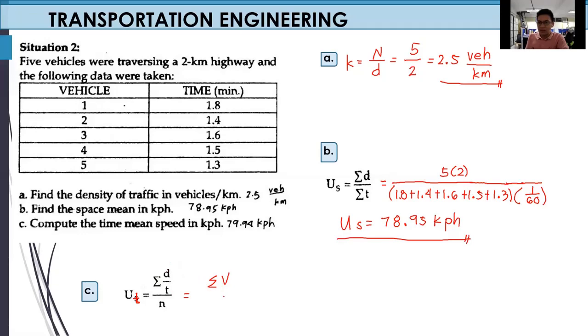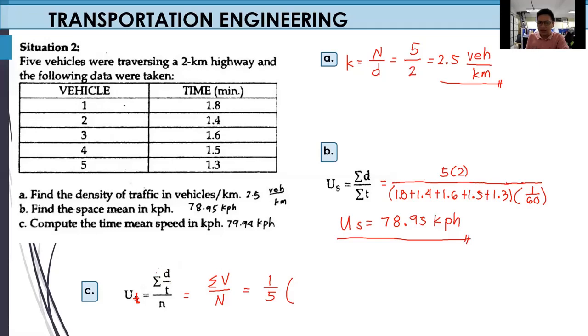Di ba? Then, divided by yung ating n, which is our number of vehicles. Therefore, if ilalagay natin that is 1/5, no? The number of vehicles, then multiply natin v.